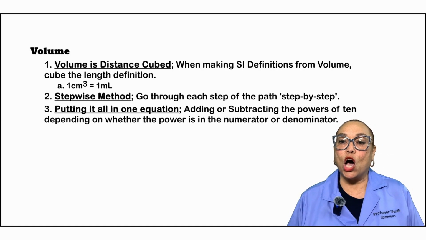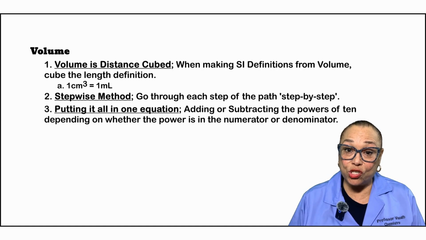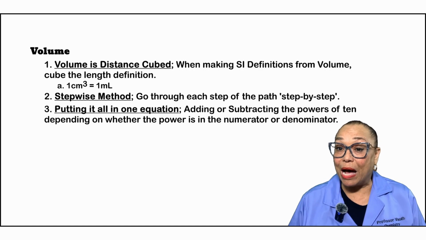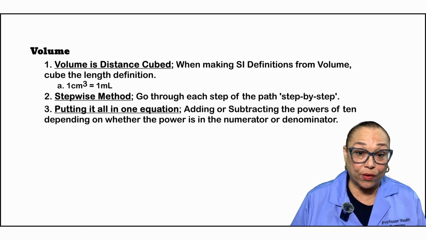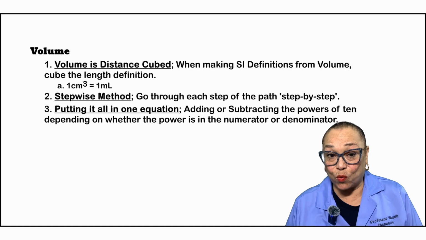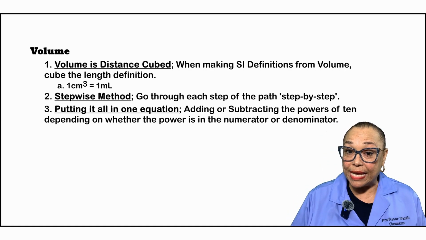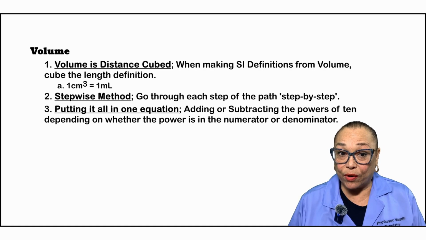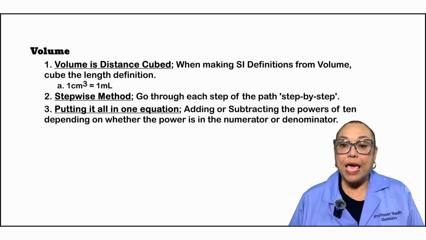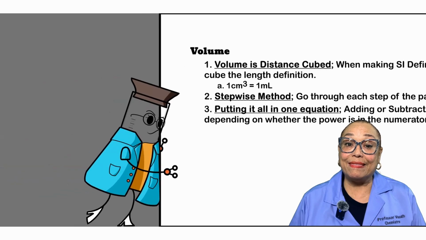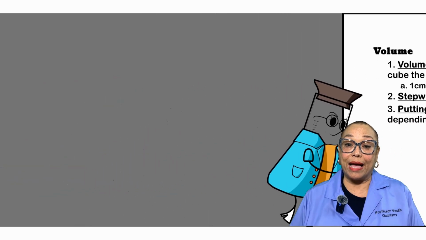This way, the only thing you have to pay attention to is whether the powers of 10 are in the numerator or denominator when canceling out units. Just remember, if the power of 10 is in the numerator, then you add your powers. And if the power of 10 is in the denominator, then you have to subtract the powers.